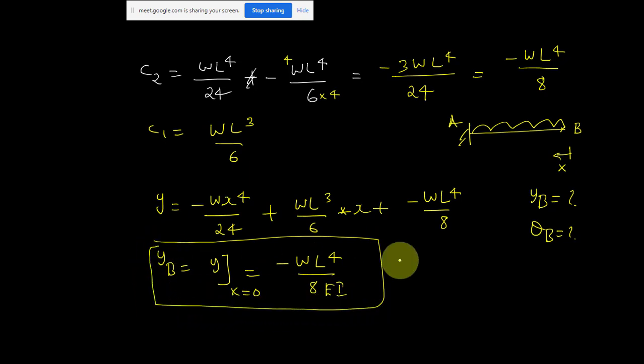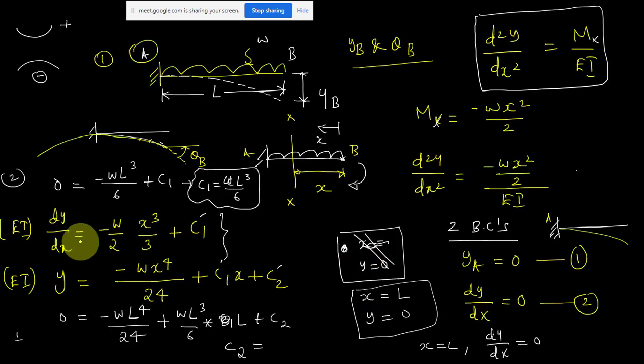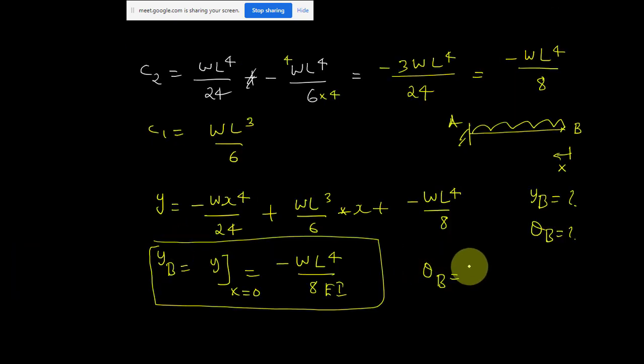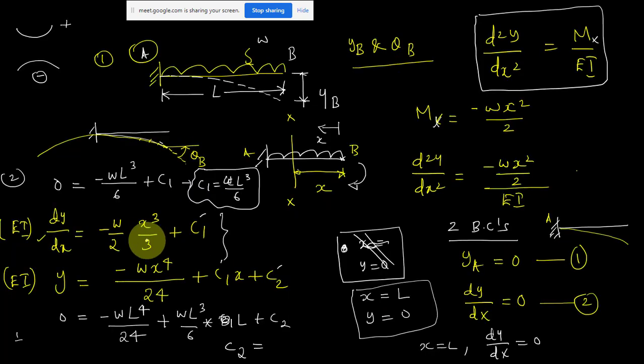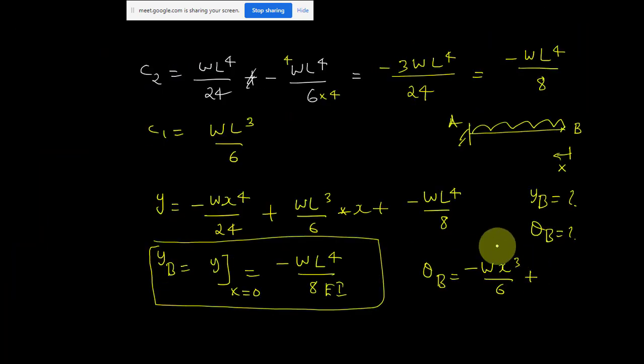And if you want to solve for the slope theta B, you have to choose this equation. Theta B, slope dy by dx is equal to minus wx squared by 6 plus C1. What is C1?